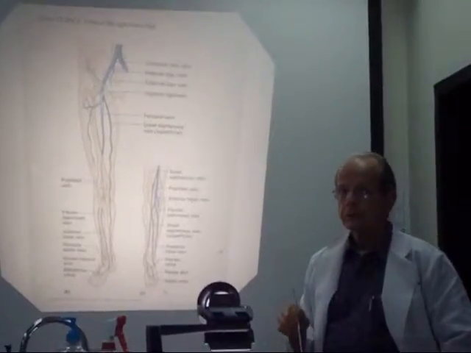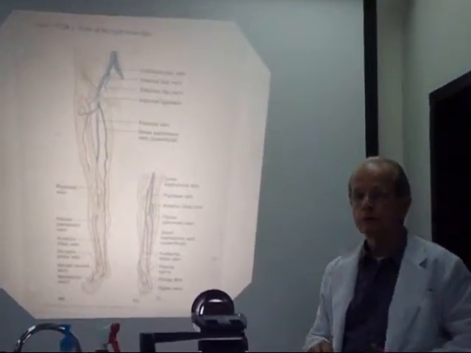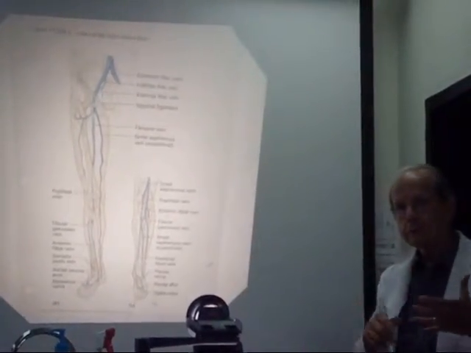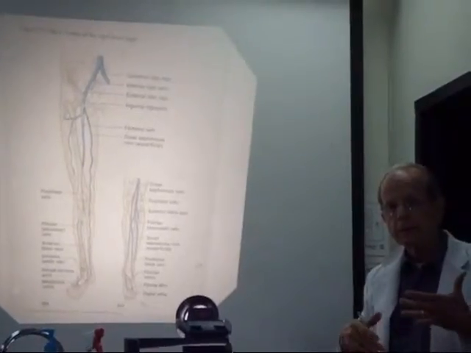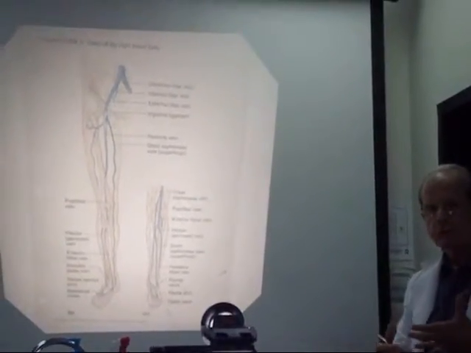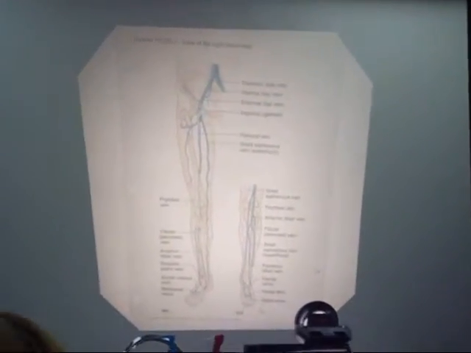The superficial veins, though, don't run with arteries. So they're deep to the skin, obviously, but they're running in subcutaneous fat on the surface. They're above the muscles. They're in the subcutaneous fat.